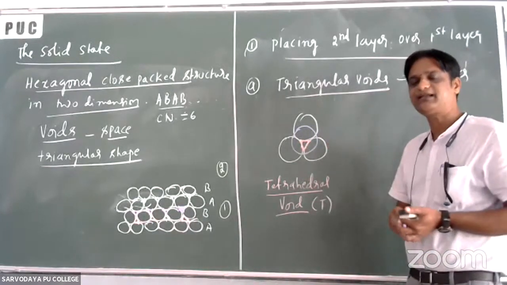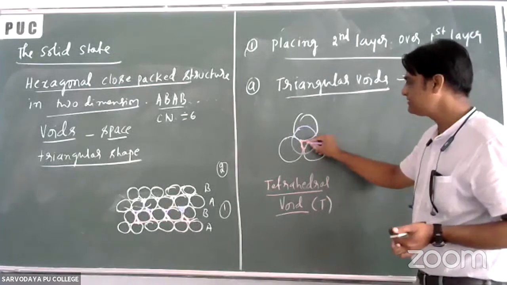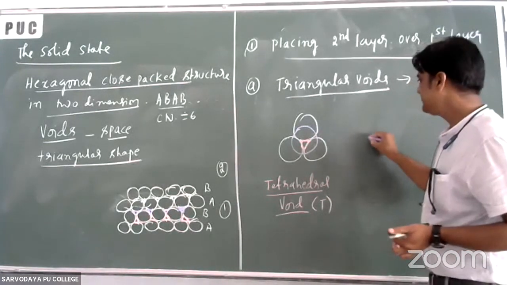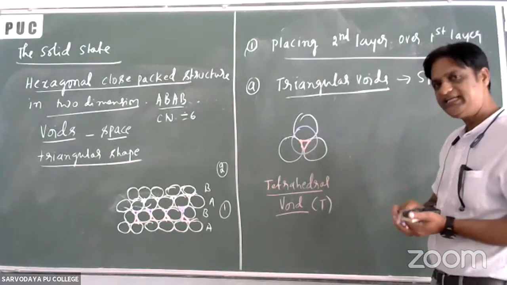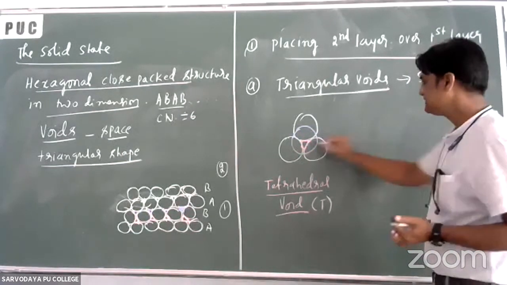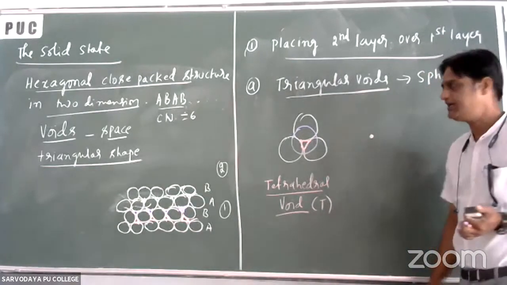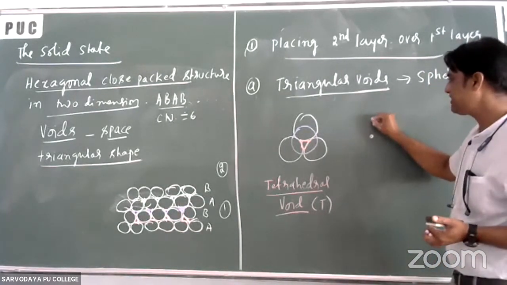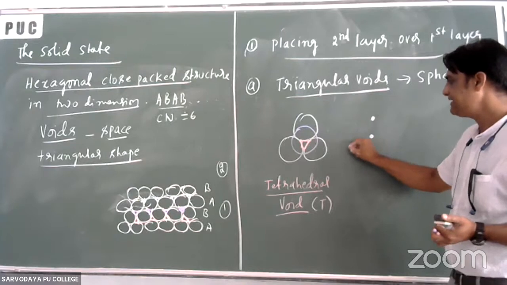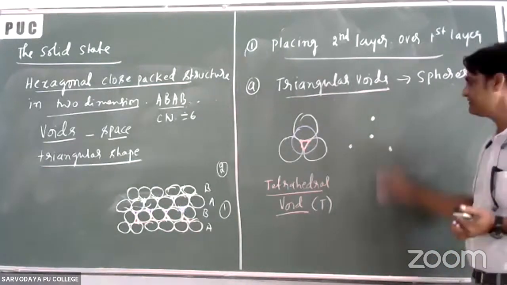It is called tetrahedral void because if you join the centers of these 4 spheres, so this is one sphere, let us take the center of that sphere, and this is the center of another sphere, center of one more sphere, and this is center of one more sphere.